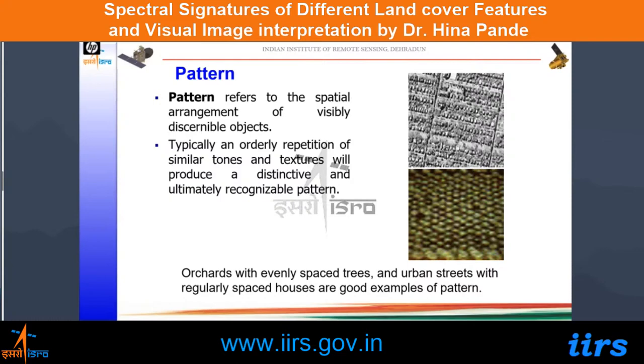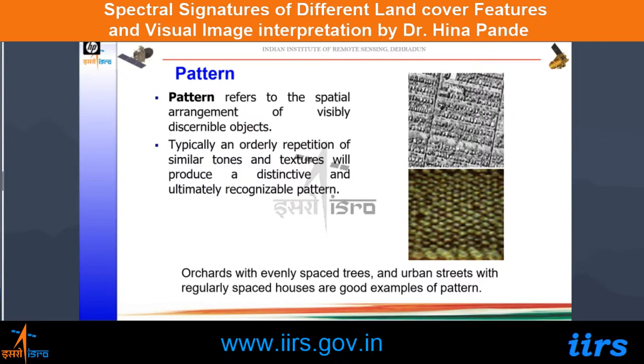However, since orchards are man-made and planted in rows, when we look at it from a vertical perspective on the image, we will be able to decipher this pattern. So evenly spaced trees or urban streets in a planned housing colony, etc., will translate into a pattern on the image.